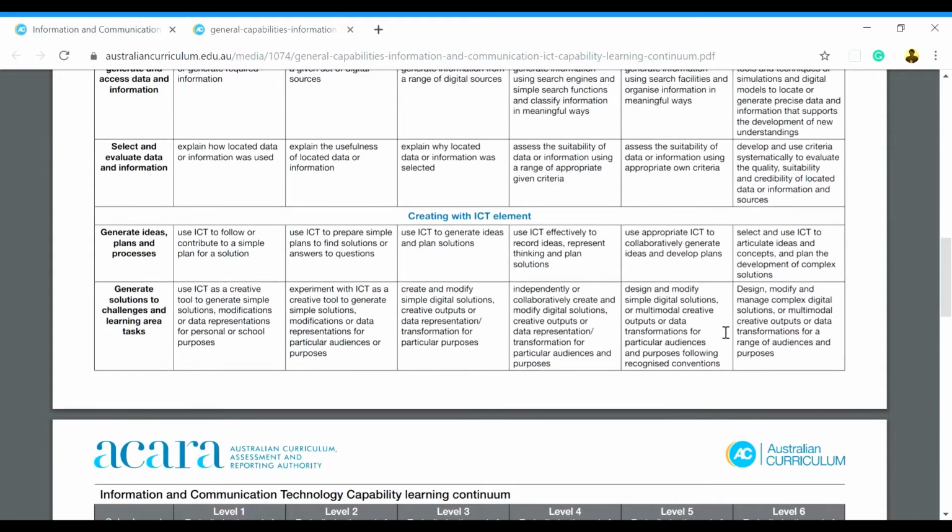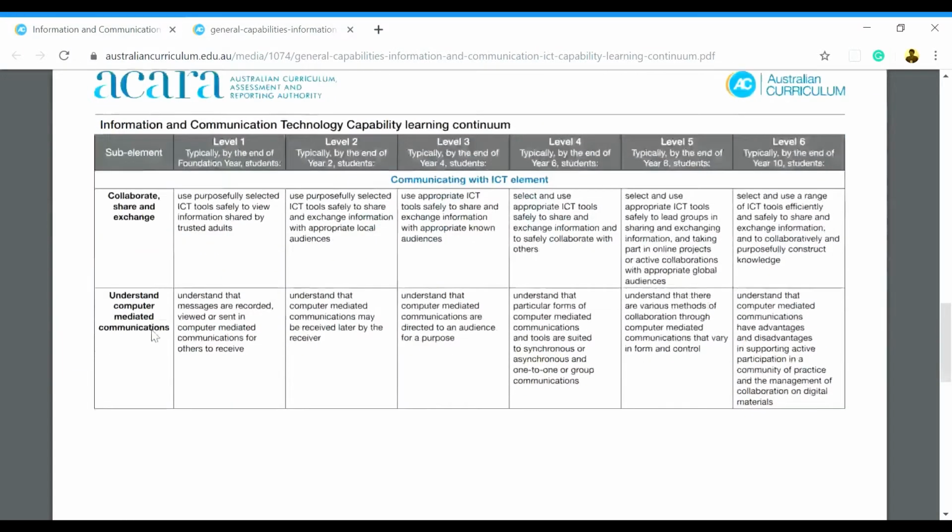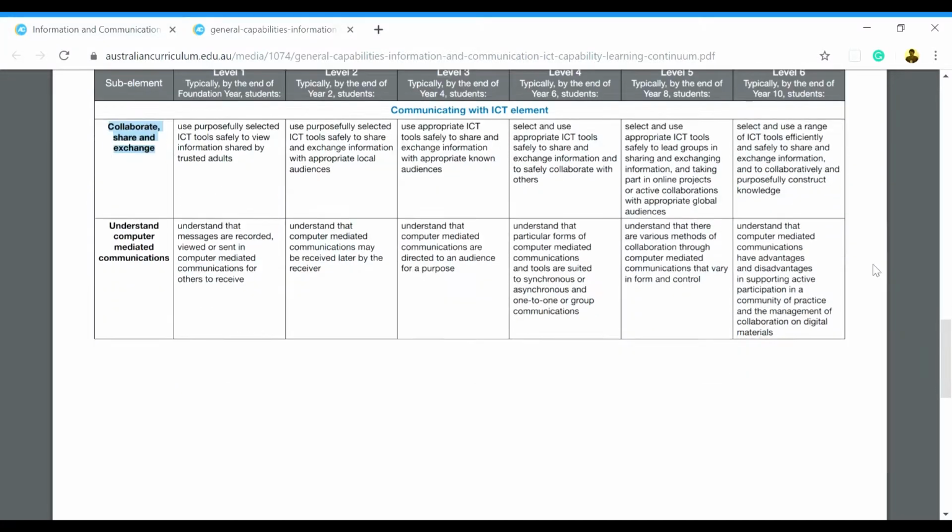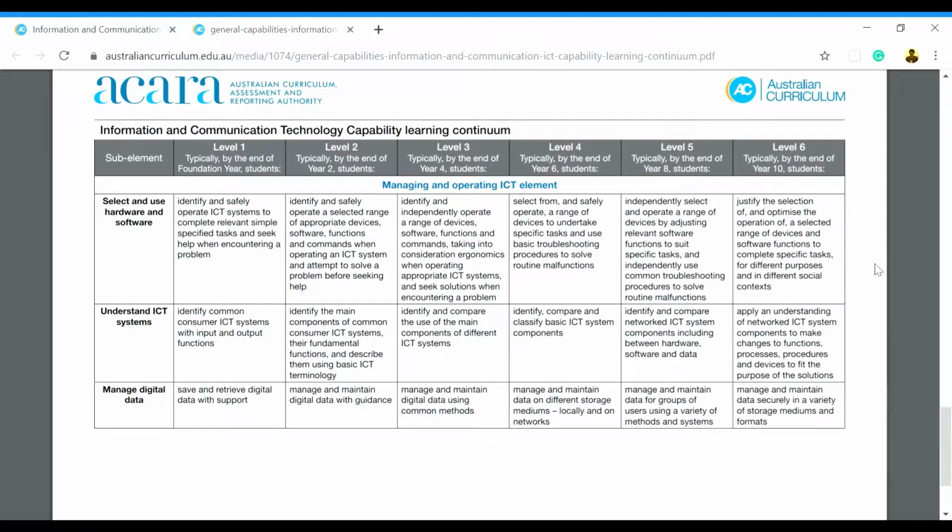They will also be creating by generating ideas, plans and processes and generating solutions to learning area tasks. In addition, they will be communicating by collaborating, sharing and exchanging the information that they gain. And finally, within this task, students will be managing ICT by selecting and using software.